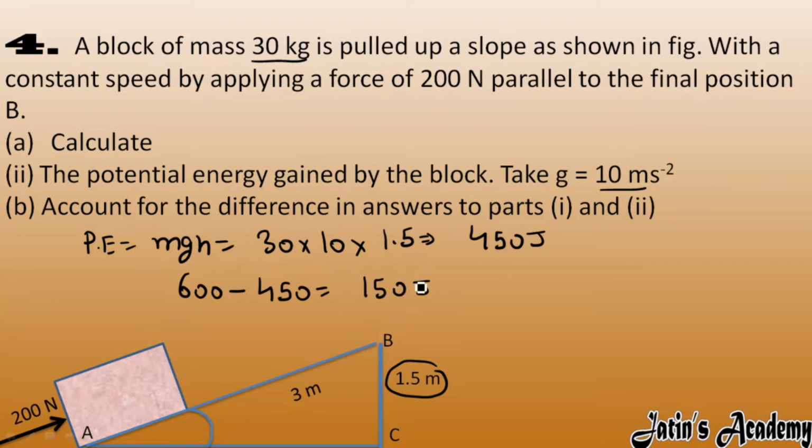Now carefully see. When this block is moving on the inclined plane, total work done is 600. Out of 600, 450 is used to increase the potential energy, or I can say 450 of work done is required to raise the block up to the height of 1.5 meter, against gravity. The rest, 150 joule, is wasted in friction, because friction force is also exerted by the plane on the block.